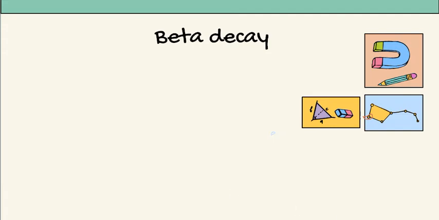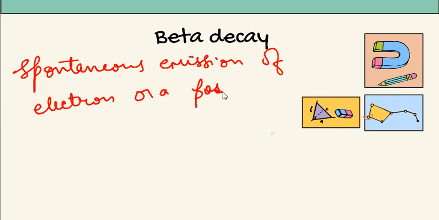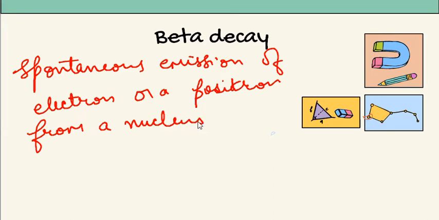That is, spontaneous emission of an electron or a positron from a nucleus is called beta decay.